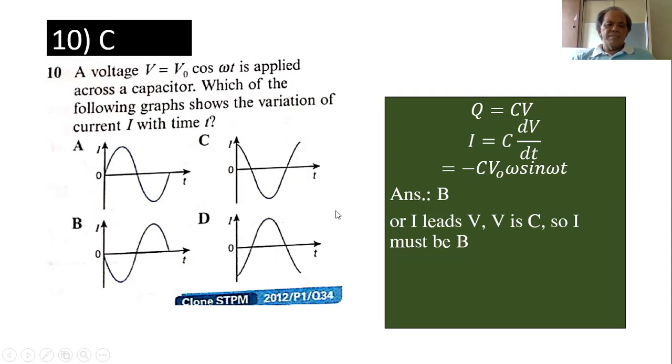No, correct. Right? Look at these 2 points. Right? That one is leading. Well, either you differentiate it if you prefer, or remember that I leads V by 90 degrees. So look at this point. This is your V graph. Right? If that's your I graph, compare these 2 points. Where this is going up, this is going up. Your V comes later. That's what it means.